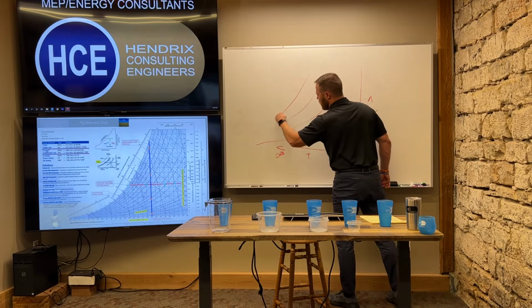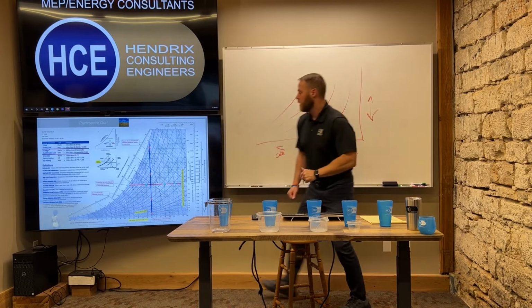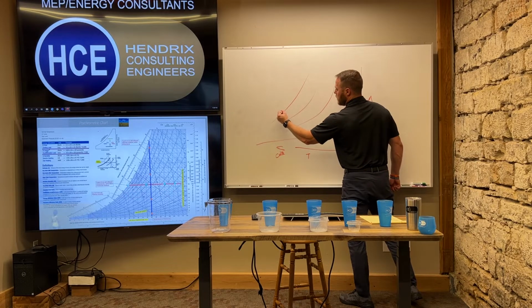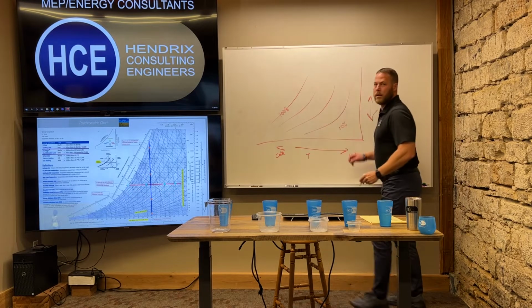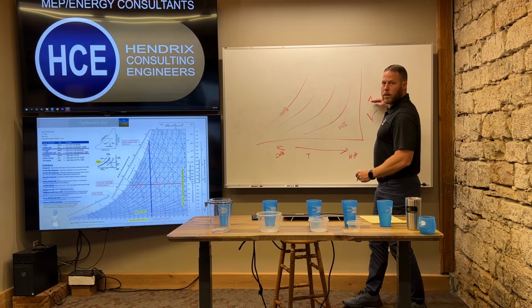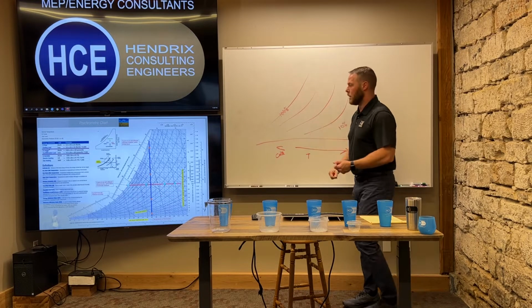All these curved lines are labeled relative humidity. The farther we are this way, 10%, less humidity. This last one over here is 100%, also known as the dew point. So as we get colder, for the same amount of water, it's going to be higher relative humidity. We'll show you that here in just a second.